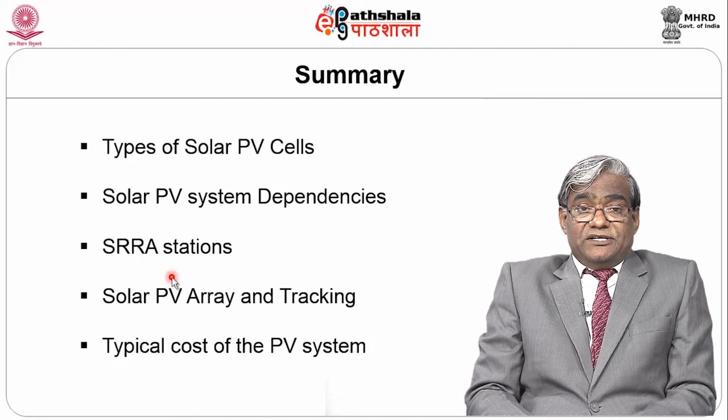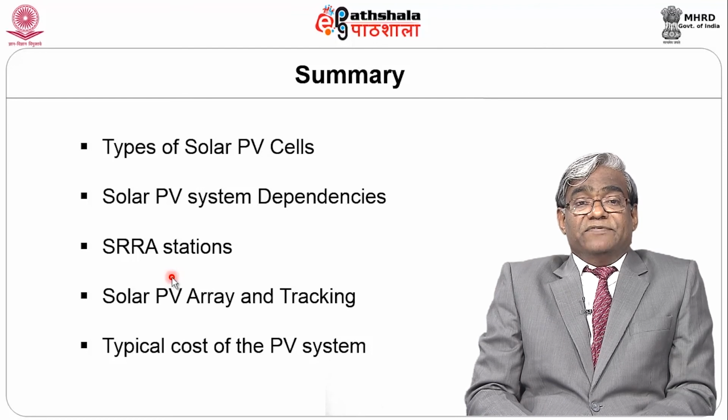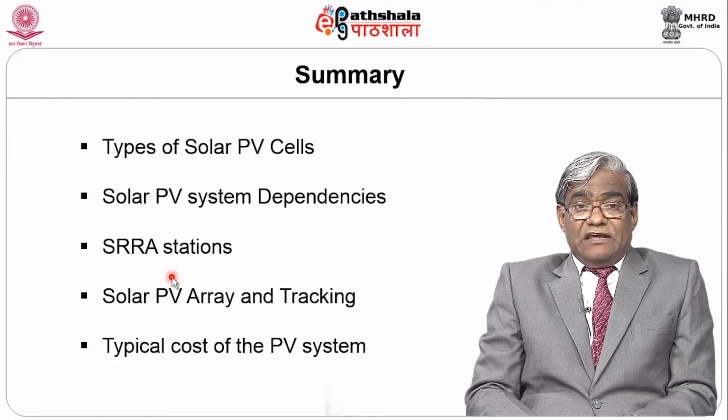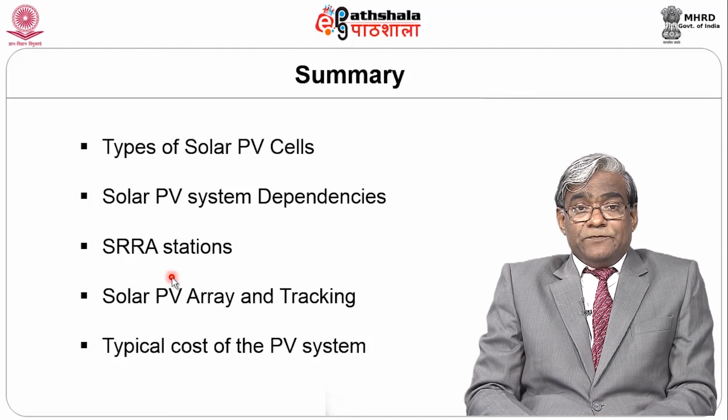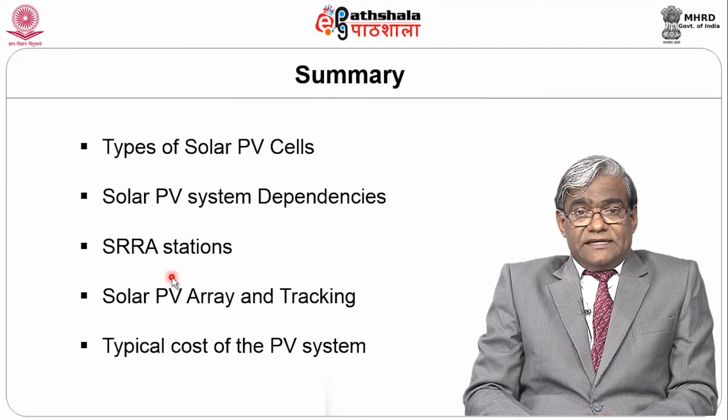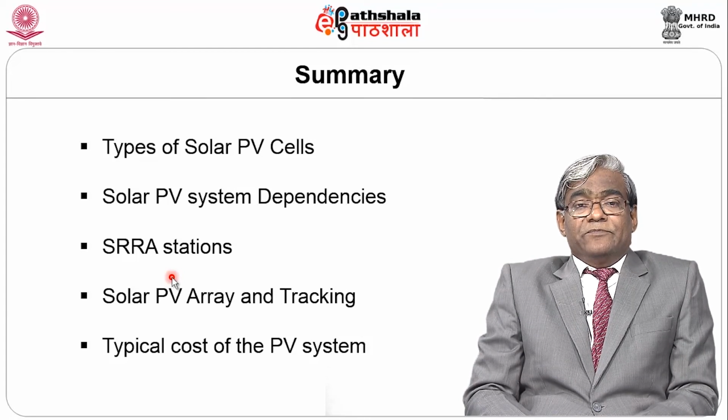These stations are located in many parts of the country, and the facilities are on the NIWE website, National Institute of Wind Energy, where it can be browsed, and for a particular site, all meteorological data can be taken.